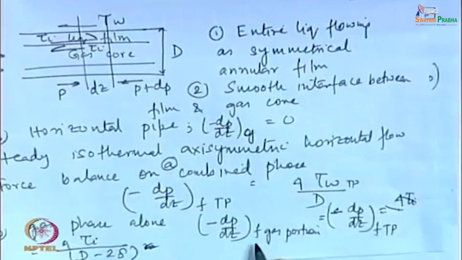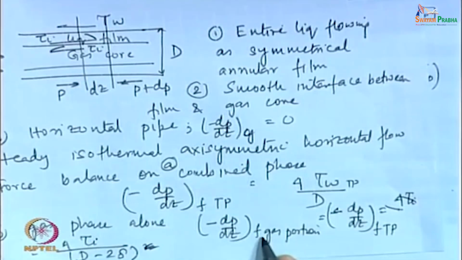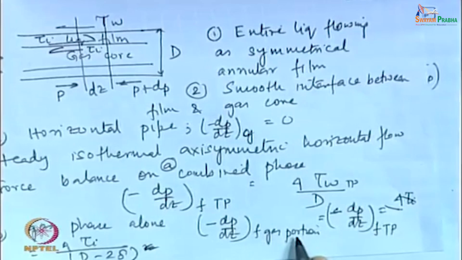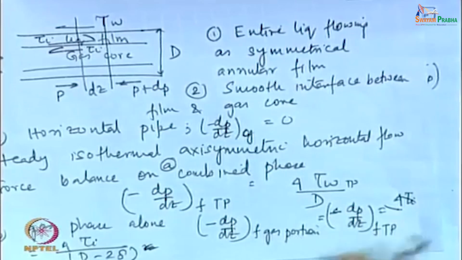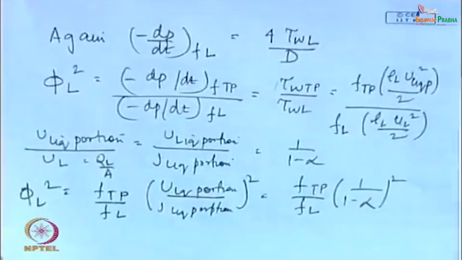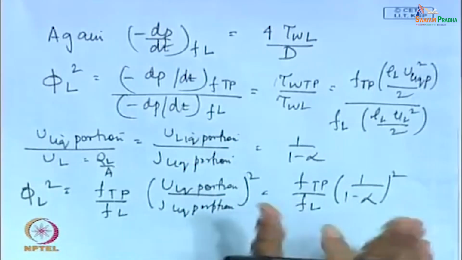That can be taken to be equal to the frictional pressure gradient in the gas core or in the liquid film. So, in this particular case, we have taken it to be in the gas portion. Agreed? Anything you don't understand, just tell me and I will repeat that particular part.